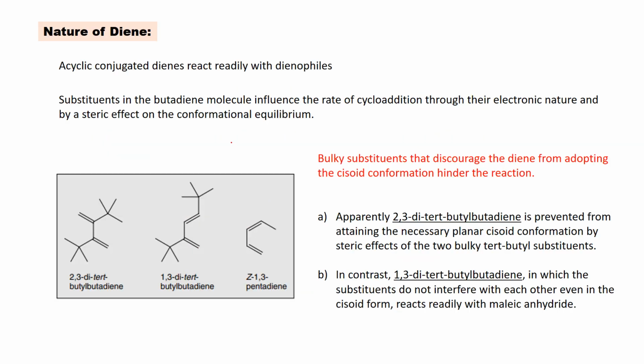The substituents in the butadiene molecule influence the rate of the cycloaddition reaction through their electronic nature and by a steric effect on the conformational equilibrium. Bulky substituents that discourage the diene from adopting the cisoid conformation hinder the reaction. If there is such a group, suppose this one, if it wants to take a cis conformation, what will happen?